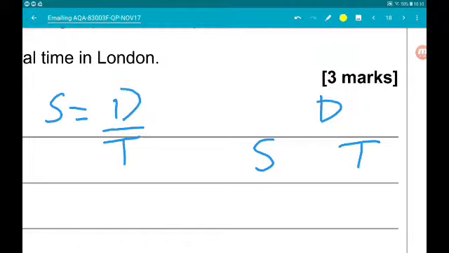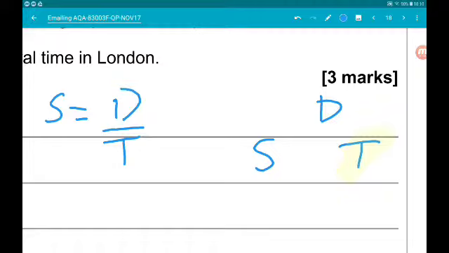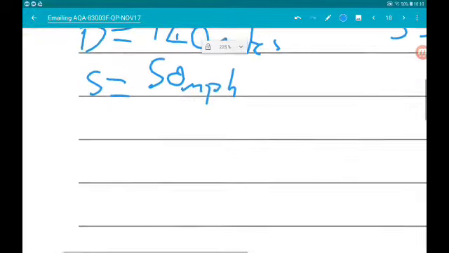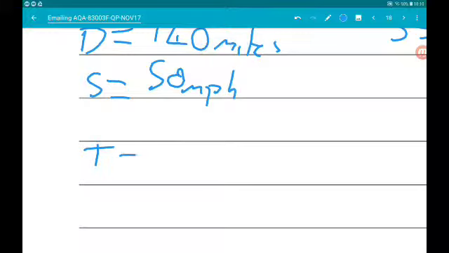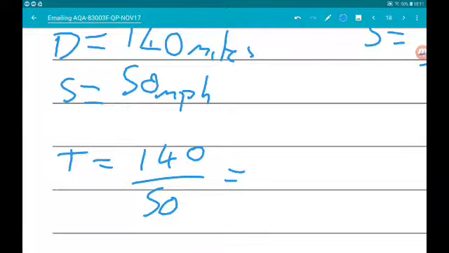Now if you cover over the one that you want, so cover over t, then it leaves you with the formula that we want. So time is distance over speed. So here, time is 140 over 50. Now that's going to give us 2.8 hours.